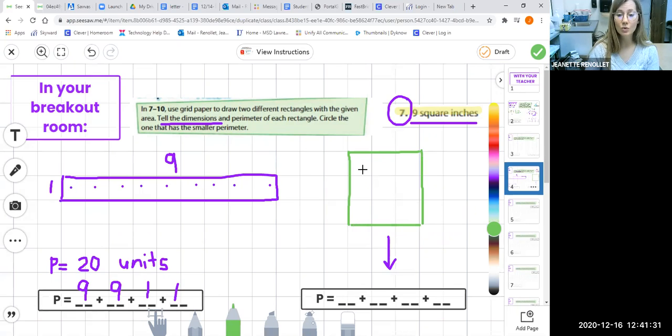Inside would be 9 square units. 1, 2, 3, 4, 5, 6, 7, 8, 9. Then these friends labeled their length and width. 1, 2, 3 for the widths. 1, 2, 3 for the lengths.